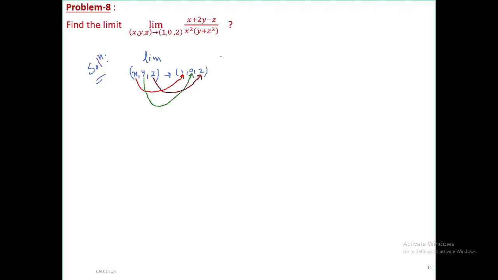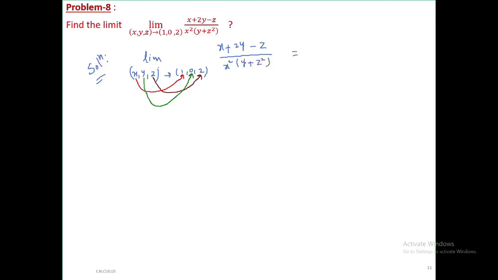And the function is x plus 2y minus z, divided by x square into y plus z, whole square.